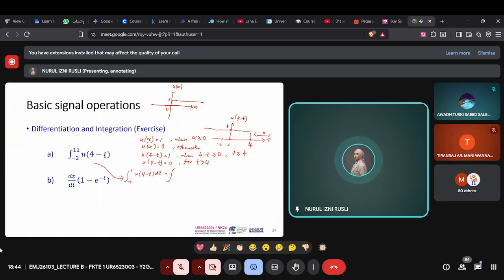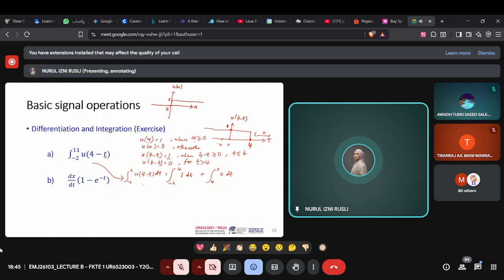So you're gonna have one function: minus 2 to 4 of 1 dt, because this is equal to 1. Then you have to add 4 to 11, because the total integration is from minus 2 to 11, of 0 dt, because from t equal to 4 or greater than 4 onwards it is 0.